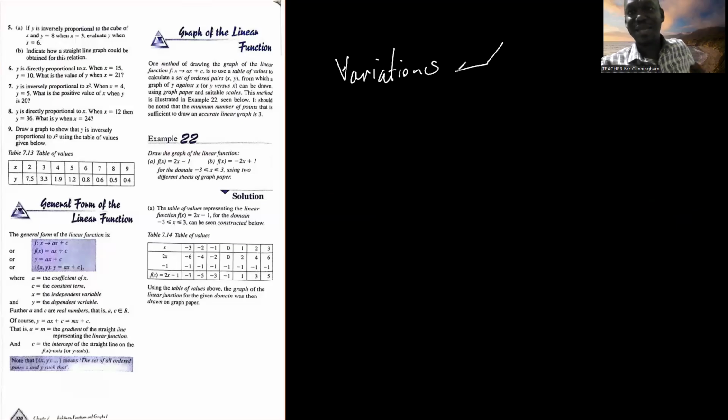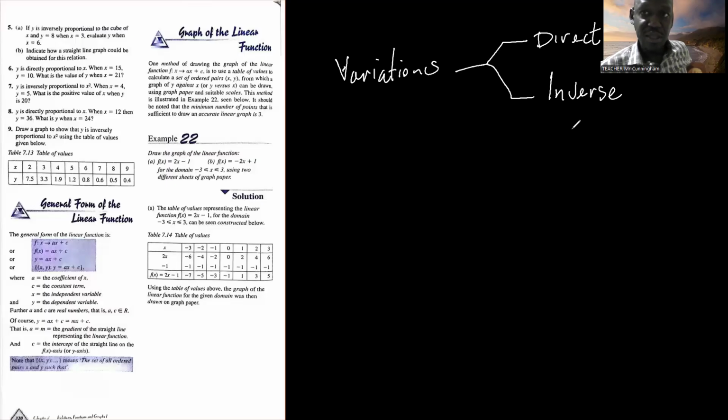Variation can be divided into two parts: direct variation and inverse variation. When we talk about variation, we're talking about proportion.